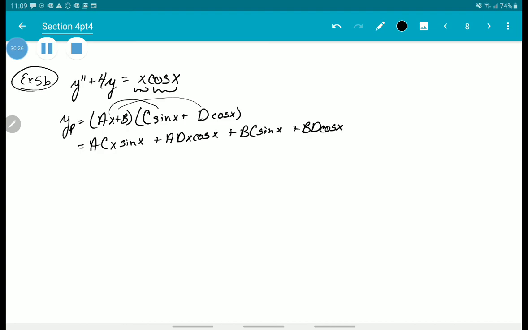Now we've got quite a few variables in here. I'm going to simplify this just a little bit. A constant times a constant is just another constant.